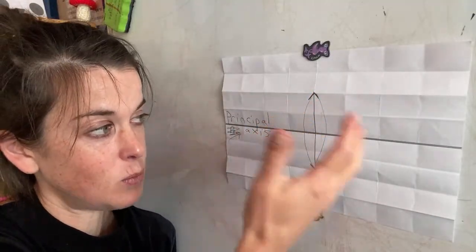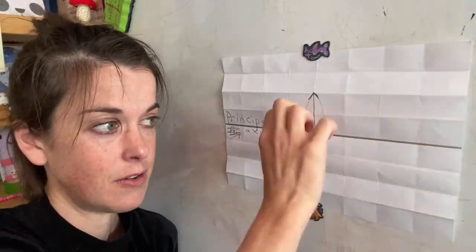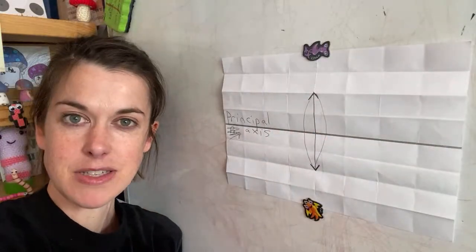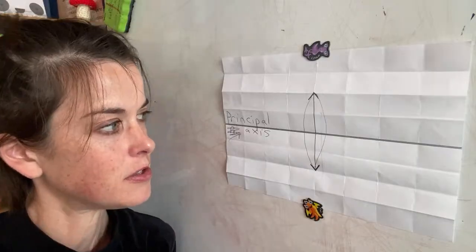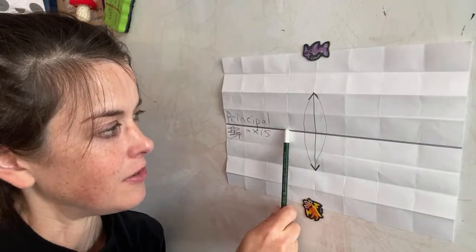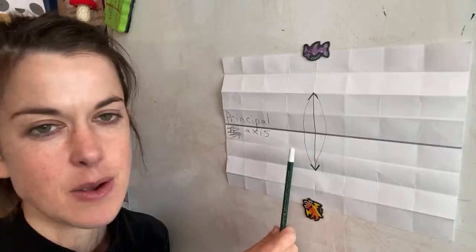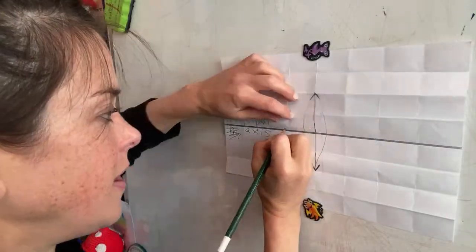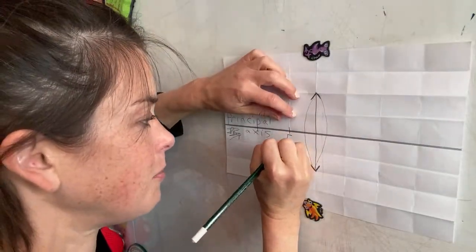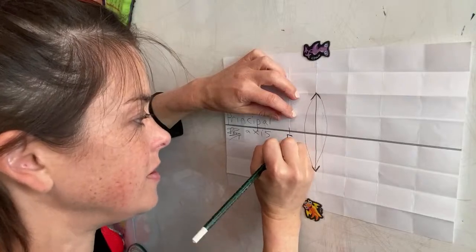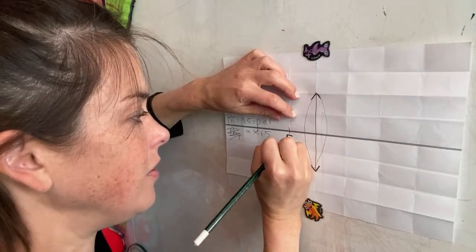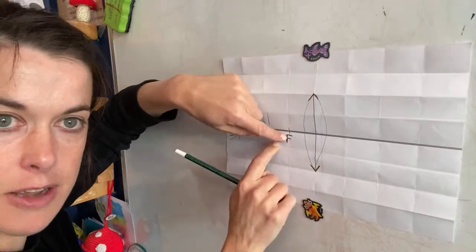And if it's a weaker lens, then the light would converge further away. Where the light converges is called the focus, or principal focus. We'll say that this converging lens is going to focus our light 1 square, I know it's a rectangle, away. And we're going to label our principal focus F. So that principal focus F is where the light rays converge, yeah?